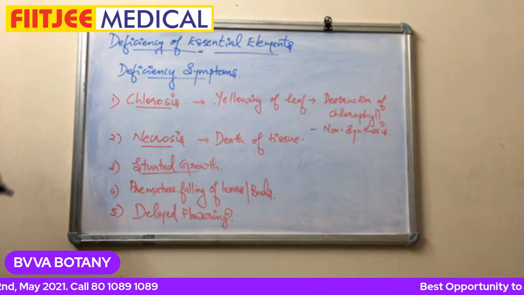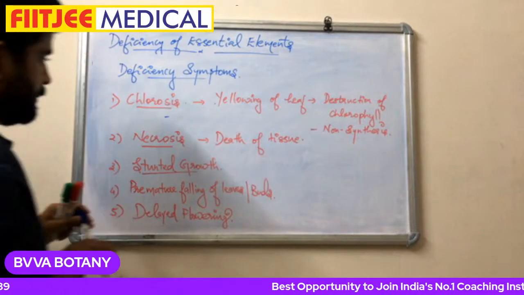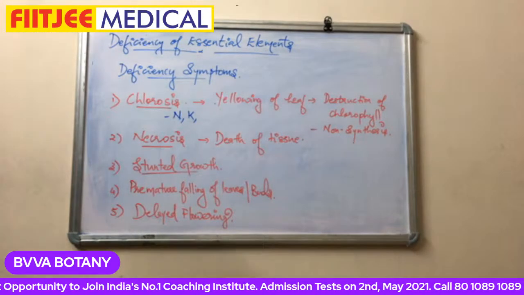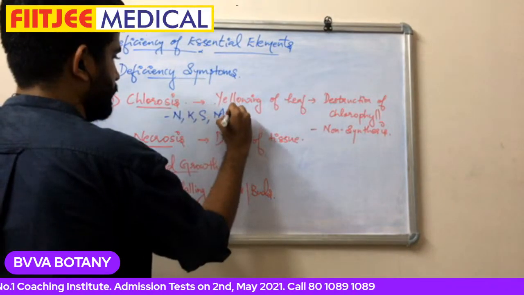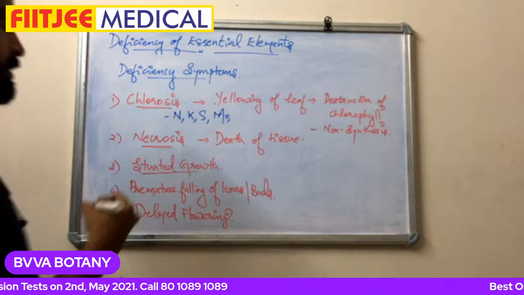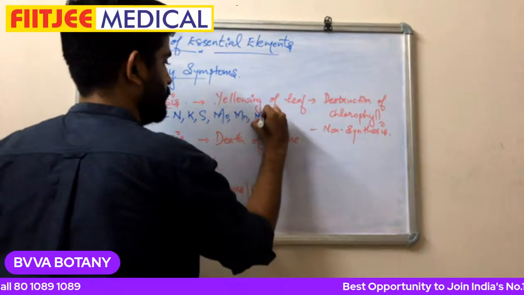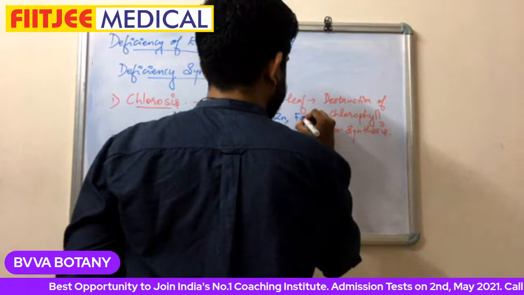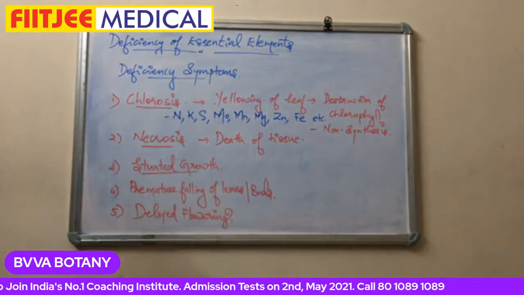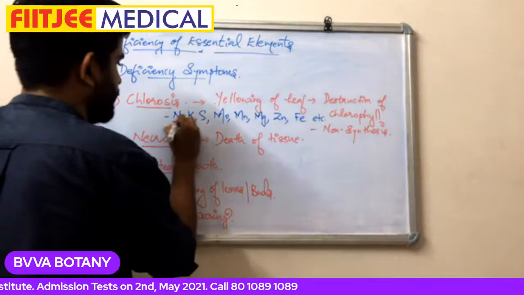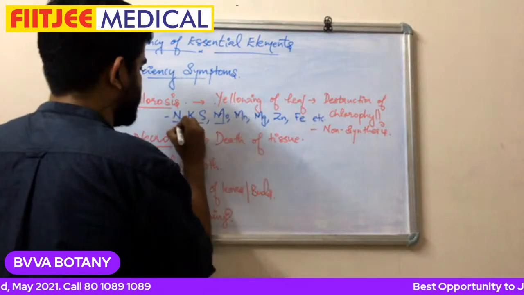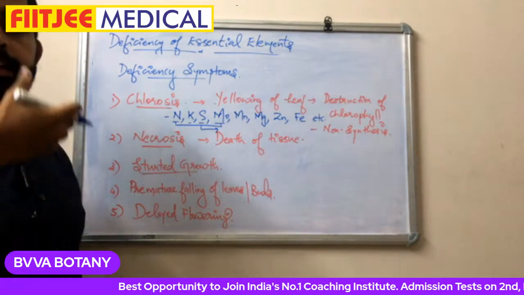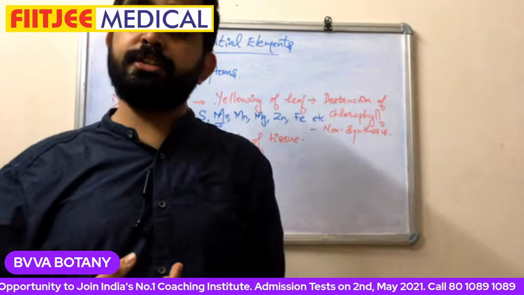Now we write the names of some of the elements responsible for this: nitrogen, potassium, sulfur, manganese, magnesium, zinc, etc. In this, nitrogen, potassium, sulfur, and molybdenum affect the initial cell division.